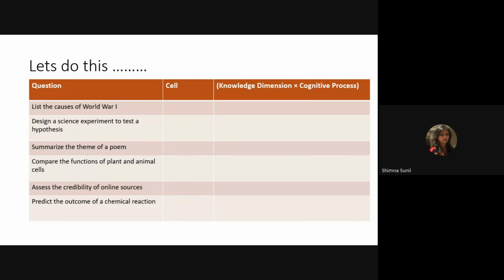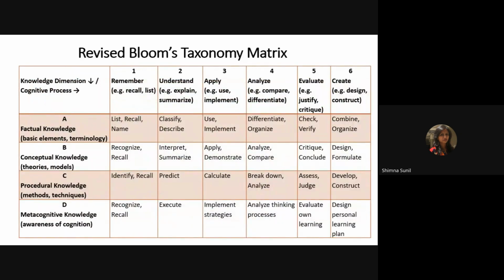Which cell, and what is the knowledge dimension and cognitive process? Only that much you need to answer. You can refer to the previous slide and tell me: list the causes of World War I. Which cell, knowledge dimension and cognitive process will it be?